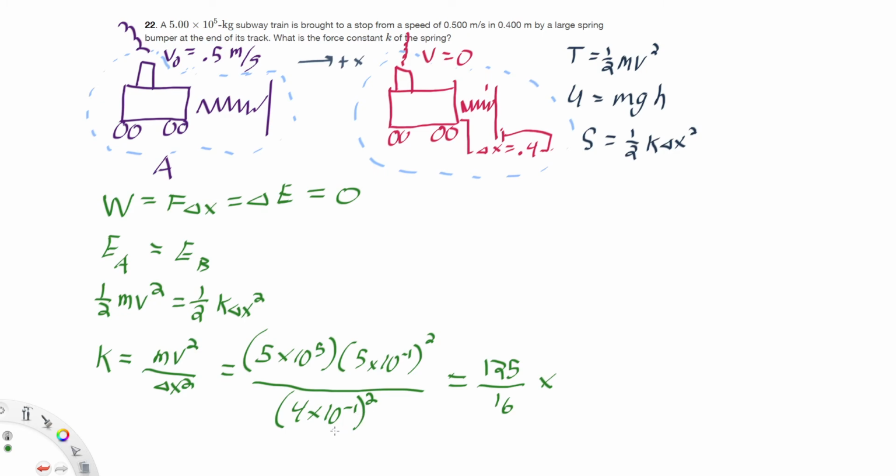And then we have 2 factors of 10 to the minus 1 in the denominator, so that brings us back up to 10 to the 5. And if all of our units are SI standard, meters, kilograms, seconds, we do this calculation, it should come out in newtons per meter.